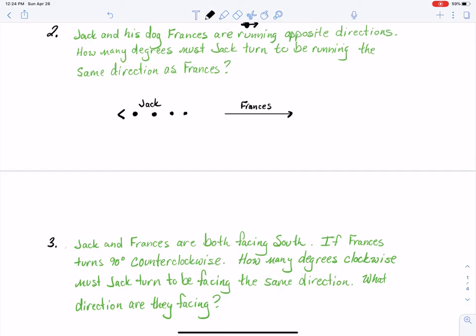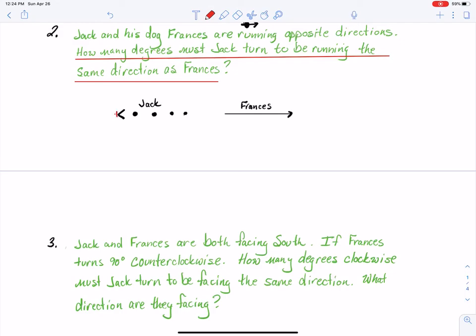The next sentence says, how many degrees must Jack turn to be running the same direction as Francis? It doesn't say if I have to turn him right or to his left. Now Jack's left-handed, so we're going to turn him to his left.